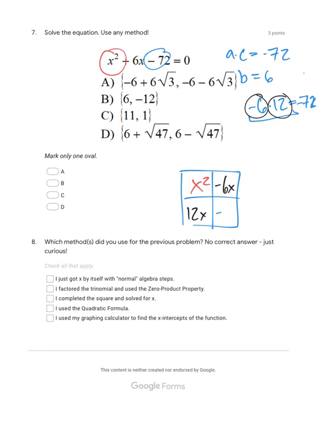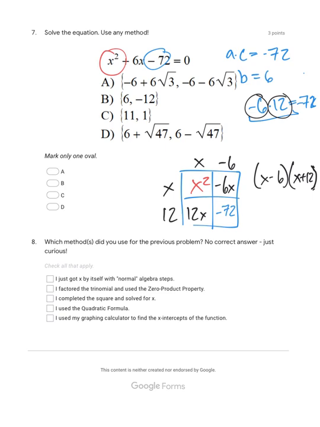So that means I have to have negative 72 there. I'm going to guess that I have to have a negative 6 here because that's common between this term and this term. That makes me have a 12 here. That makes me put an x here and an x here. So now my factoring is x minus 6 times x plus 12.